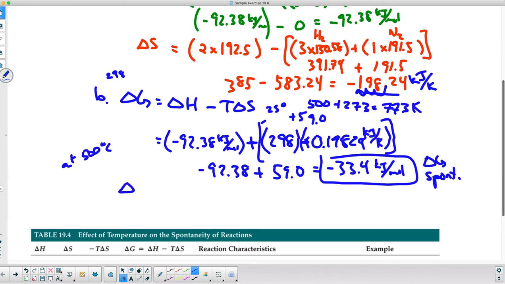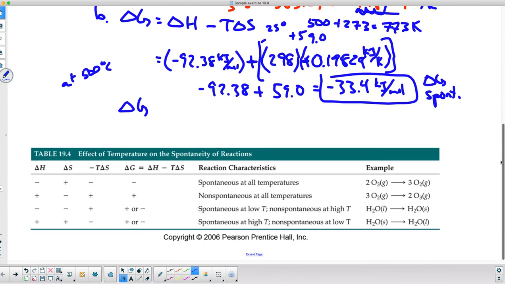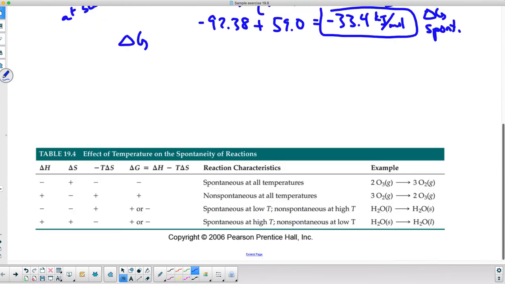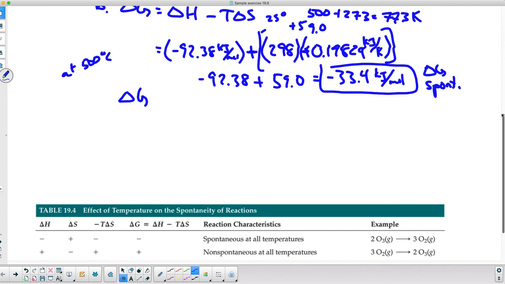So my delta G, and I'm going to have to move this thing down even further. Give me 1 second here to do this. I'm trying to make this as quick as possible. There we go. Delta H is still the same, negative 92.38 kilojoules, minus T delta S.